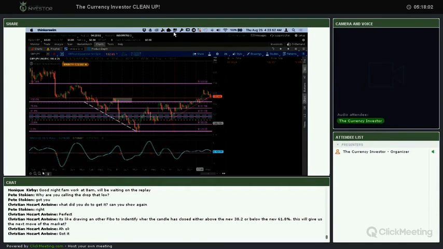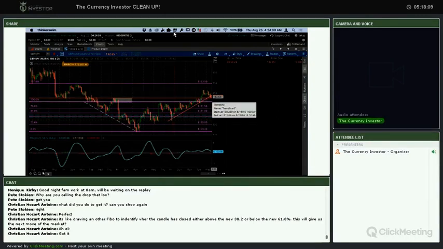So in here we see that we got a signal for pending sell. Can everybody see this? That's your M pattern here.